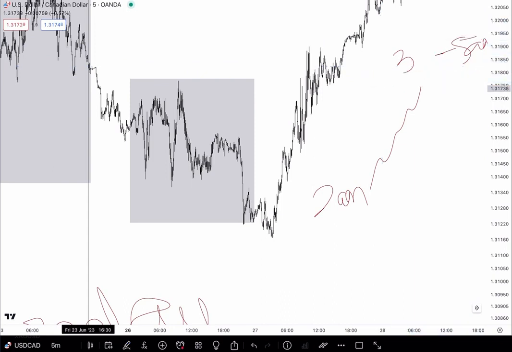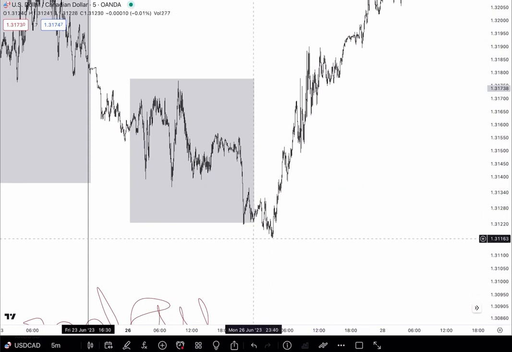But I digress. You look for manipulation to form. Let's stick to the rules of the book. Let's not be rebels. The time itself of the candle is 0, right?